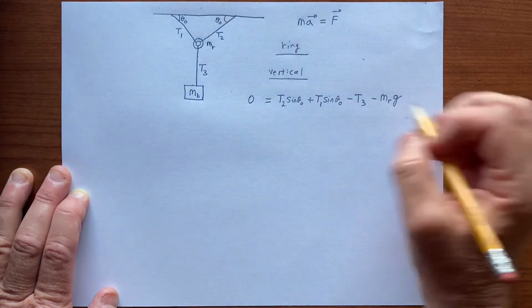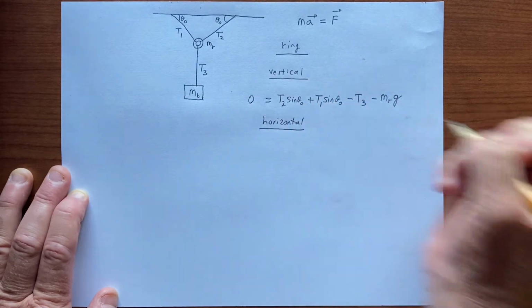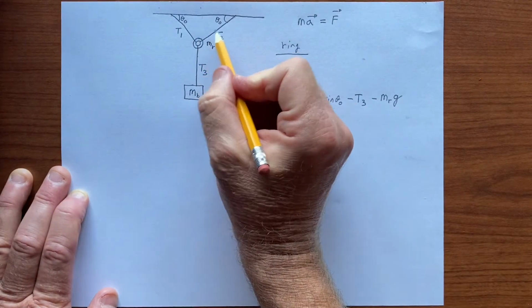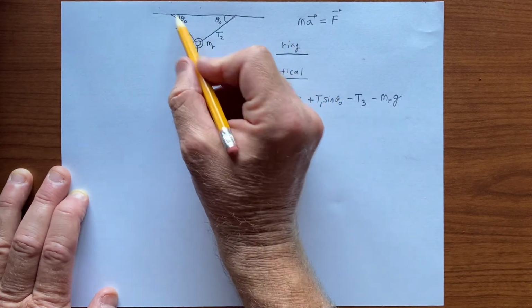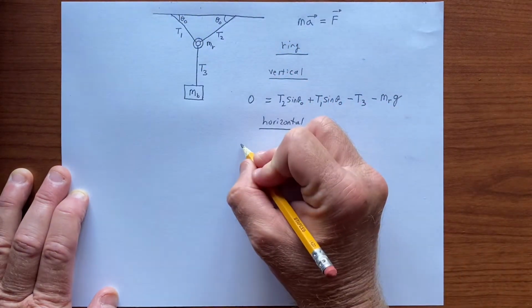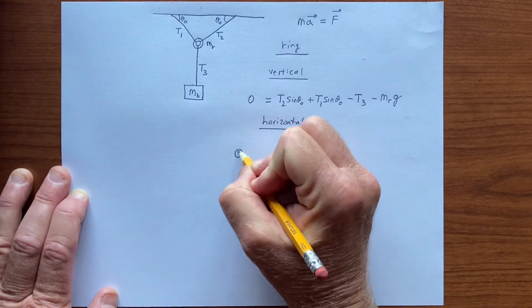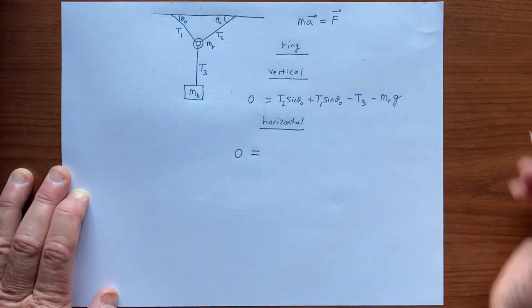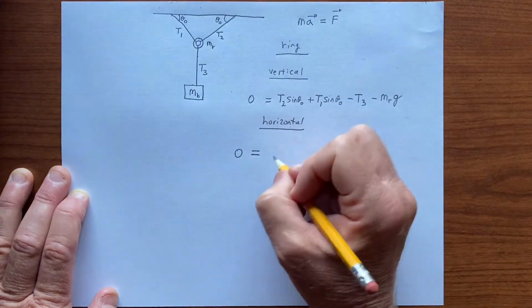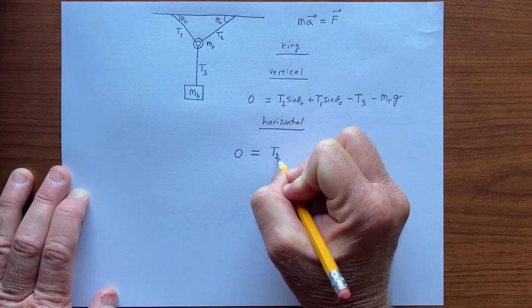Now the horizontal component, which is still somewhat interesting. Part of T2 is pulling the object this way and part of T1 is pulling it the other way. There's no acceleration in this direction either, so the left-hand side of the horizontal component of ma equals F is 0. The right-hand side involves the components of the two tensions.